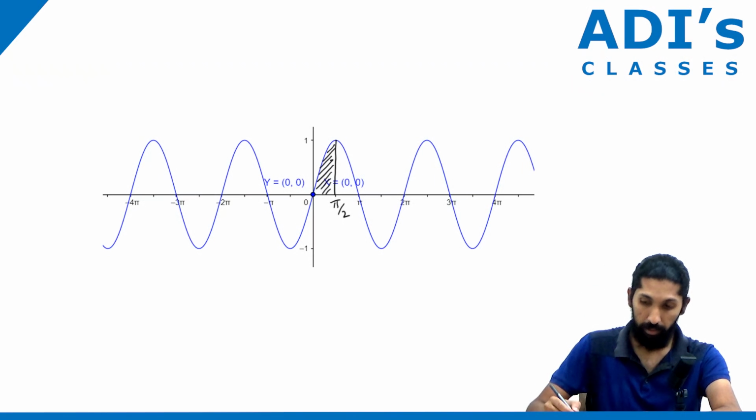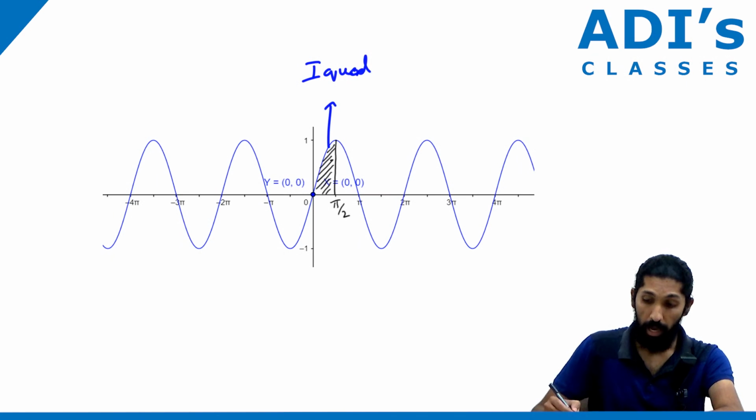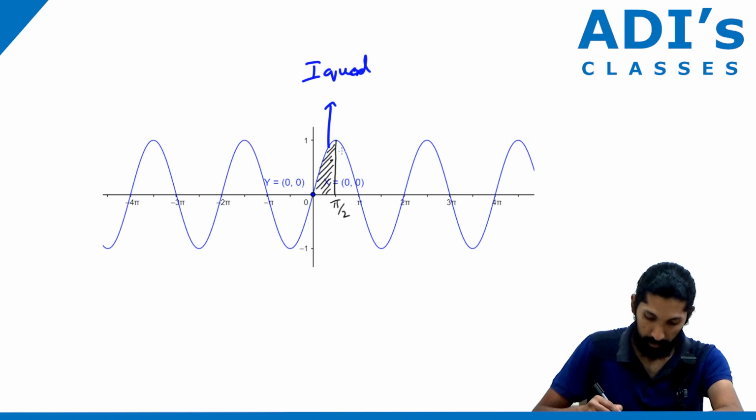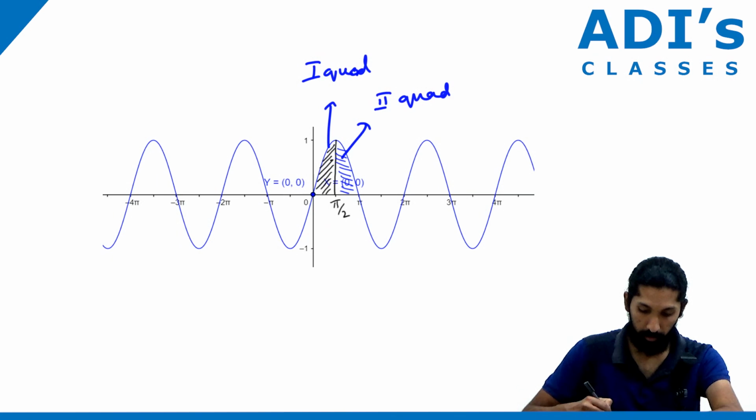This particular part represents the first quadrant. And the next part, what you're looking at here, represents the second quadrant.